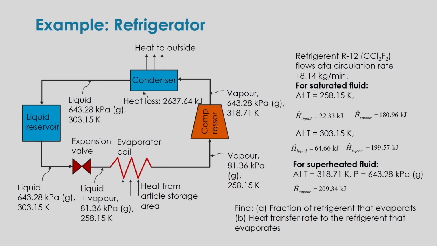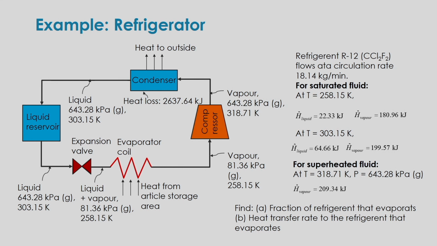Then it goes to the compressor, where the pressure is increased along with the temperature, and it goes through the condenser to condense the refrigerant by releasing heat to the atmosphere. In this way the refrigerator generally works.